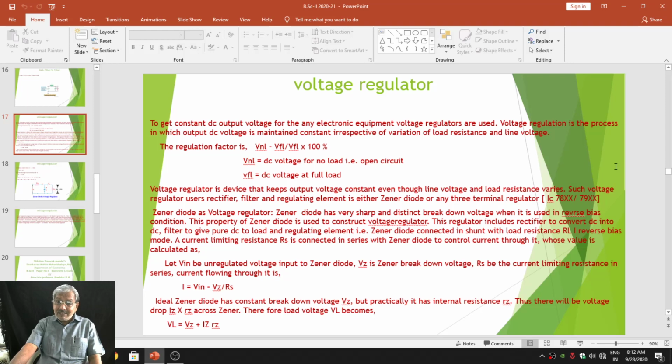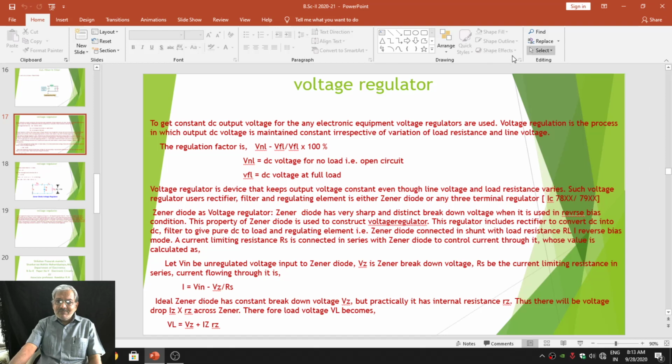Regulator means that it provides the constant required magnitude of voltage to the load, and the process of obtaining the constant or fixed voltage of particular magnitude required by the load is known as voltage regulation.